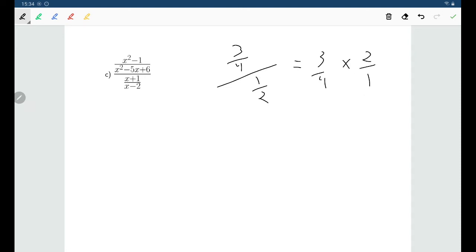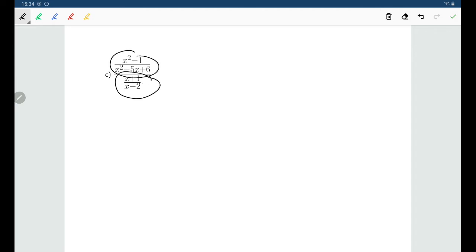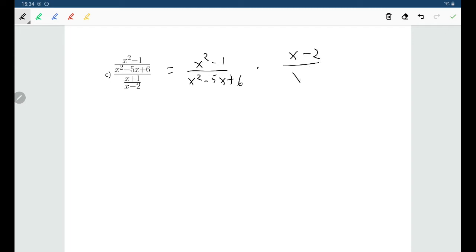We're going to do the same sort of thing here, the same idea that if we have one rational expression, one fraction divided by another, that would be the same as the first fraction multiplied by the reciprocal of that second fraction. So we've taken our division problem and we've rewritten it as a multiplication problem.